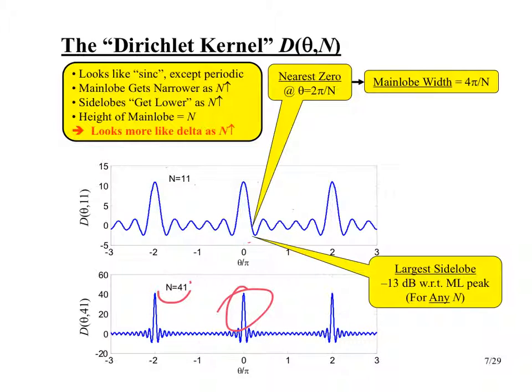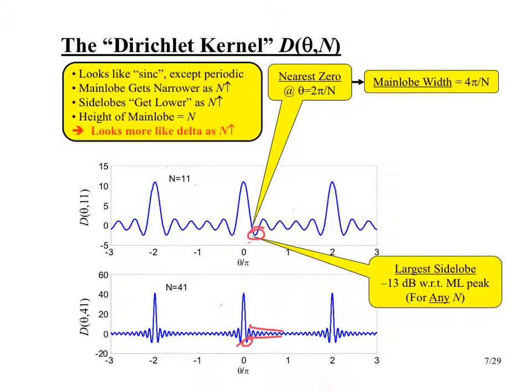And so the maximum peak is actually the first one, which goes negative here. We'll show that that is 13 dB down relative to the main lobe peak, regardless of N. So increasing N doesn't reduce the size of that first peak, but it does reduce what goes on further out. So there is some advantage there.